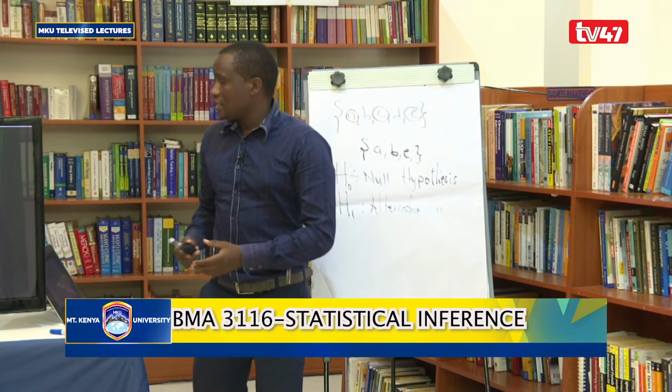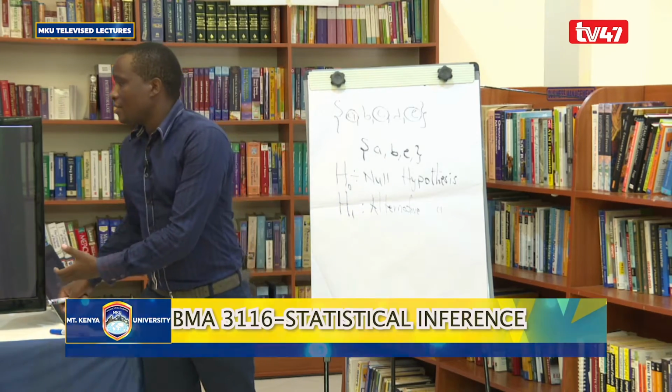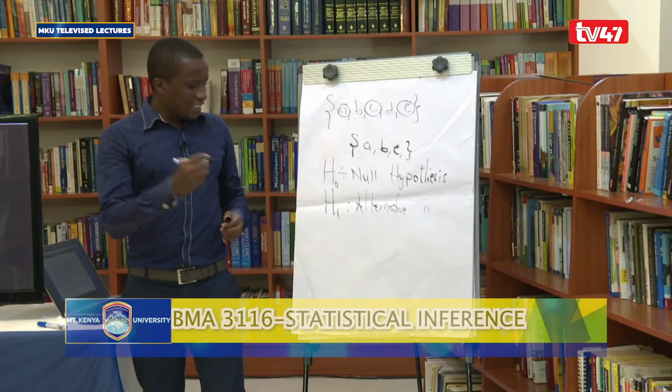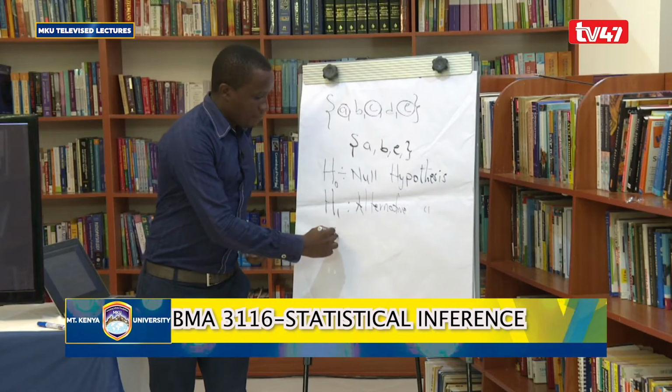At times, we have to consider the possibility of making an error. Like, when I was carrying out a study, maybe there are some parameters I didn't record clearly, and therefore, I ended up rejecting H naught when it was actually true. So if you reject H naught and it is true, we say that you have made type 1 error.